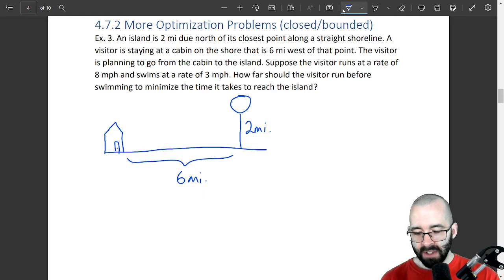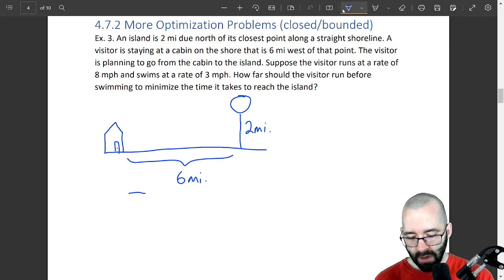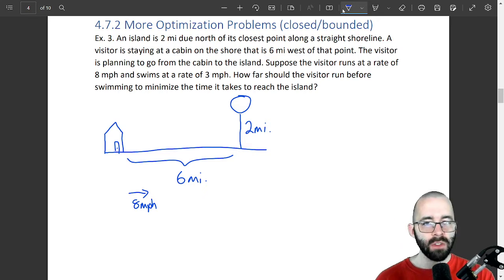The visitor is planning to go from the cabin to the island, and they can run at 8 miles per hour. If they were swimming, they could swim 3 miles per hour. But we don't know where they're swimming.